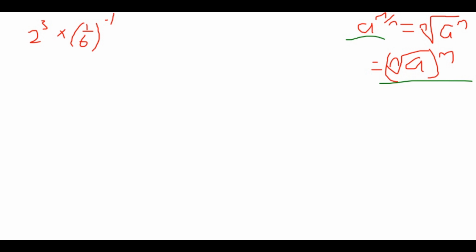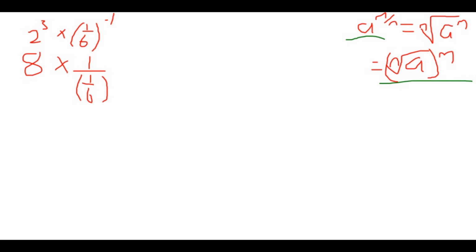So in this case, what we are going to do is take the cube of 2, which is 2 to the power of 3, that is 8, times, then we are going to apply negative indices here. This will be 1 over 1 over 6.